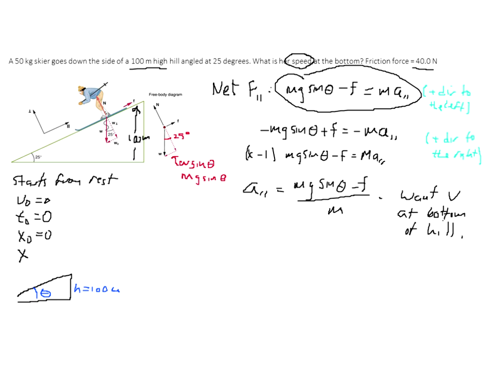This is theta, and we want to know what delta x is. We know that the sine of theta equals opposite over hypotenuse, so h over delta x. So delta x equals h over sine theta, and since x initial equals 0, then x equals h over sine theta.